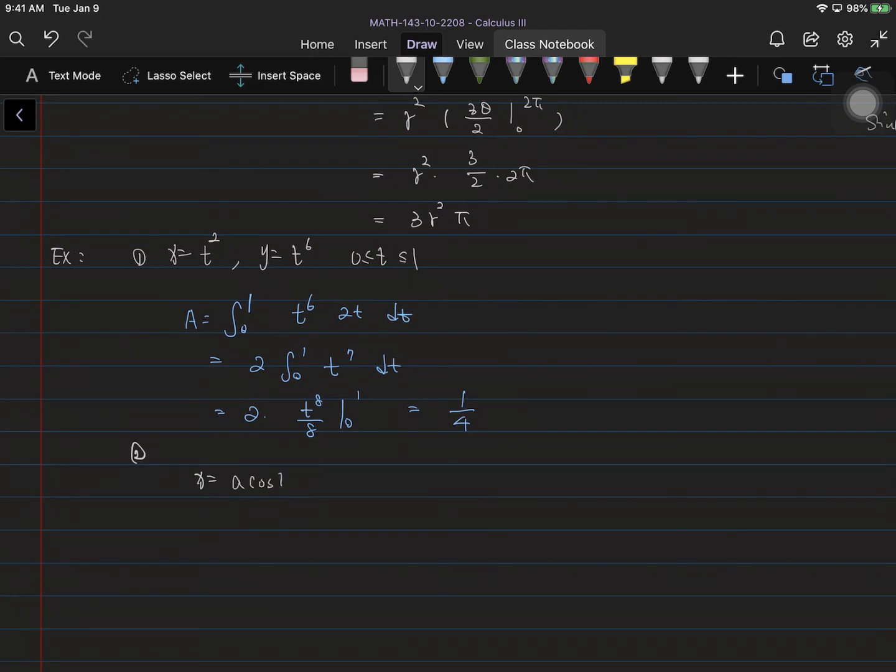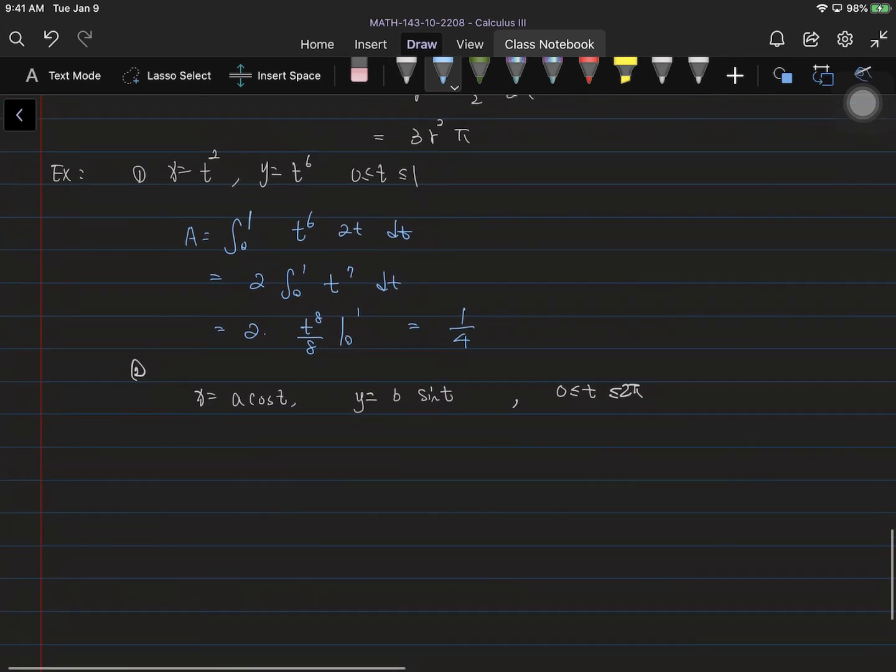Second one: x equals a cosine t, y equals b sine t, t from 0 to 2 pi. I'll give you the solution here. Same thing: area equals the integral from 0 to 2 pi of b, this is y, times the derivative of x, negative a sine t dt.